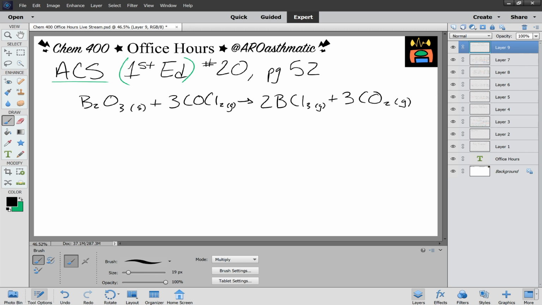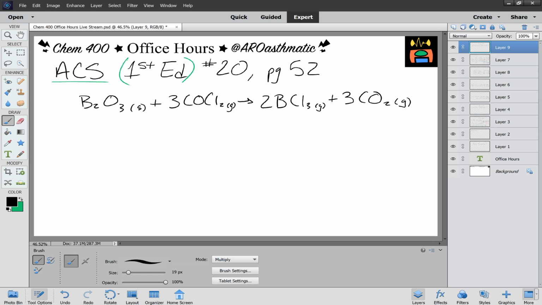All right, so now here they said use the given heats of formation. That's another way of saying delta H, change in enthalpy of formation.